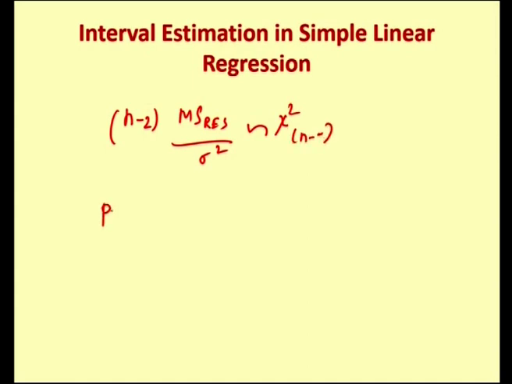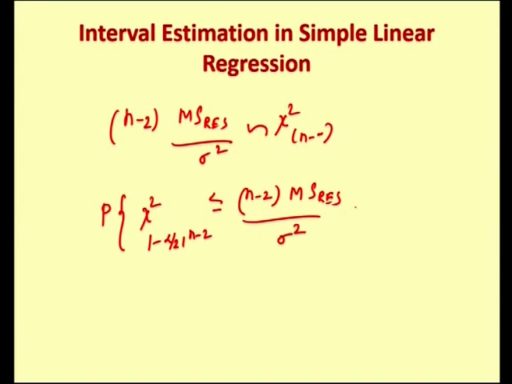So, the confidence interval for sigma squared is obtained through the probability that chi squared 1 minus alpha by 2 comma n minus 2 is less than or equal to n minus 2 times the mean square error due to the residuals divided by sigma squared, which is less than or equal to chi squared alpha by 2 comma n minus 2, and this is equal to 1 minus alpha.